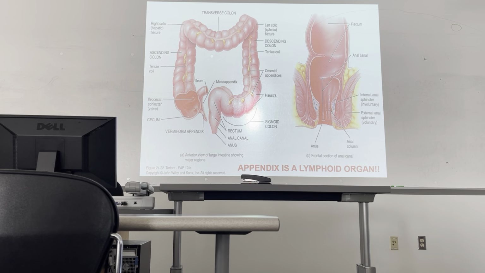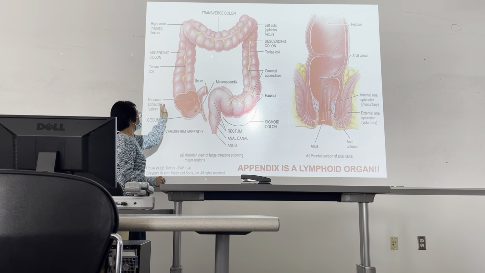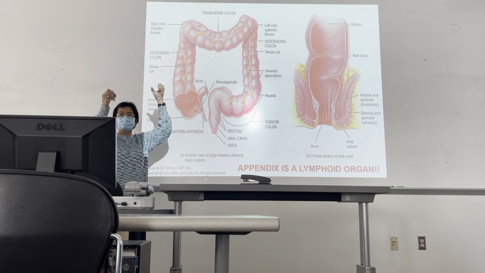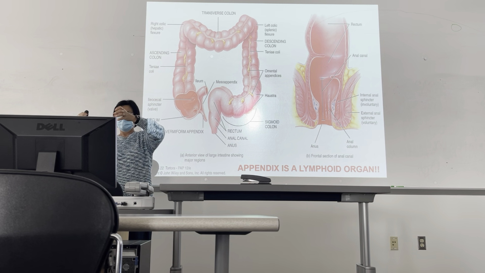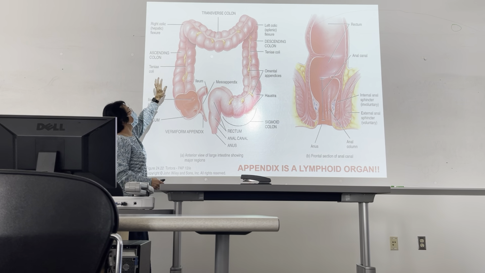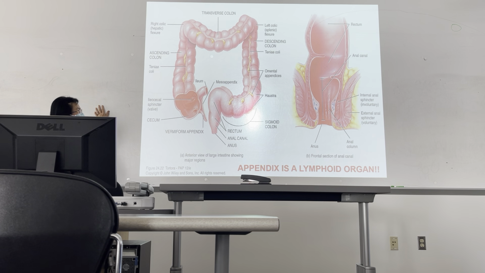Okay? Now, the colon is unique. The smooth muscle wall of the colon, instead of forming an entire ring of smooth muscle, is in columns. So when they contract, they form pouches. The pouches are called haustra, right there.